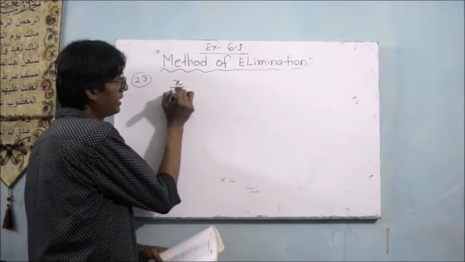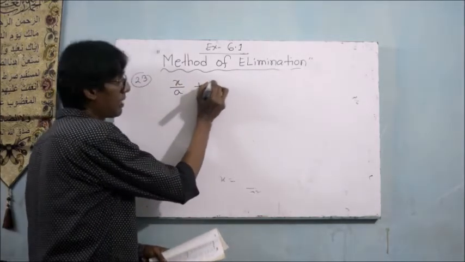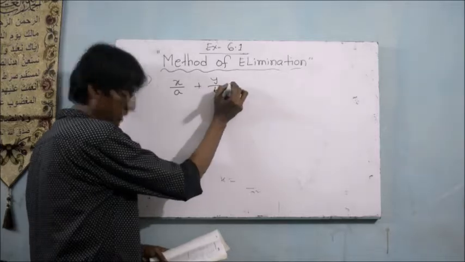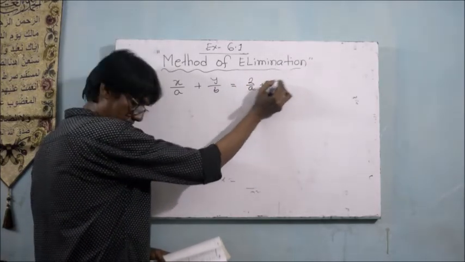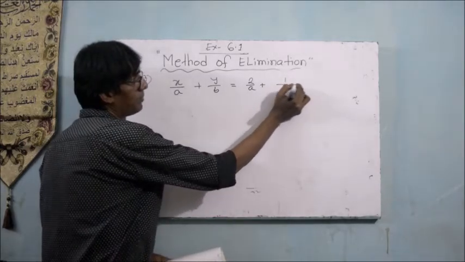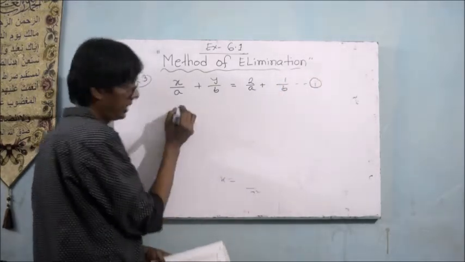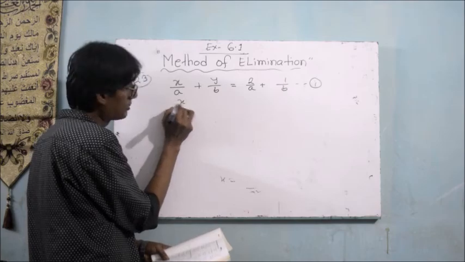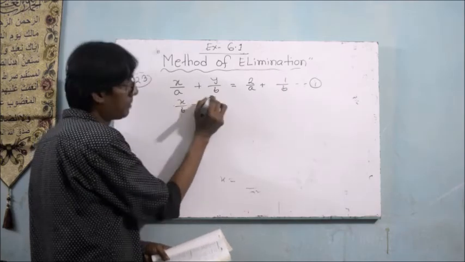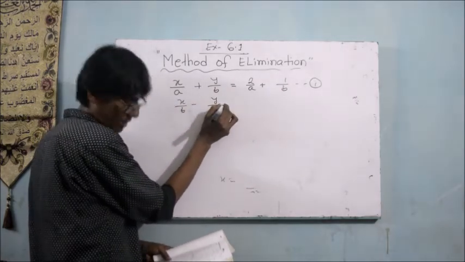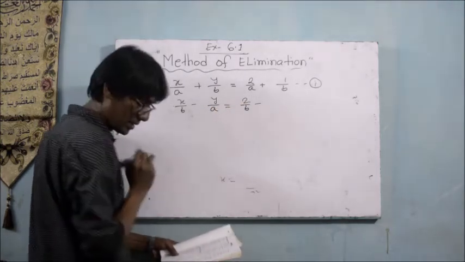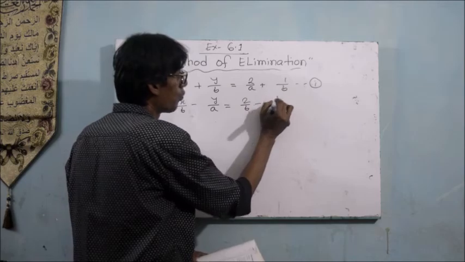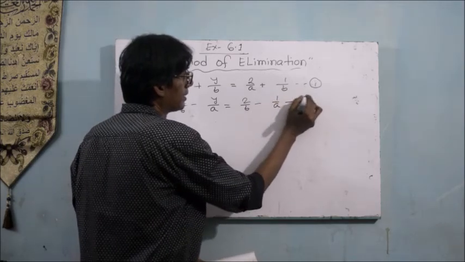Math number 23 is x by a plus y by b equal to 2 by a plus 1 by b. This is equation number 1. Again, x by b minus y by a equal to 2 by b minus 1 by a.